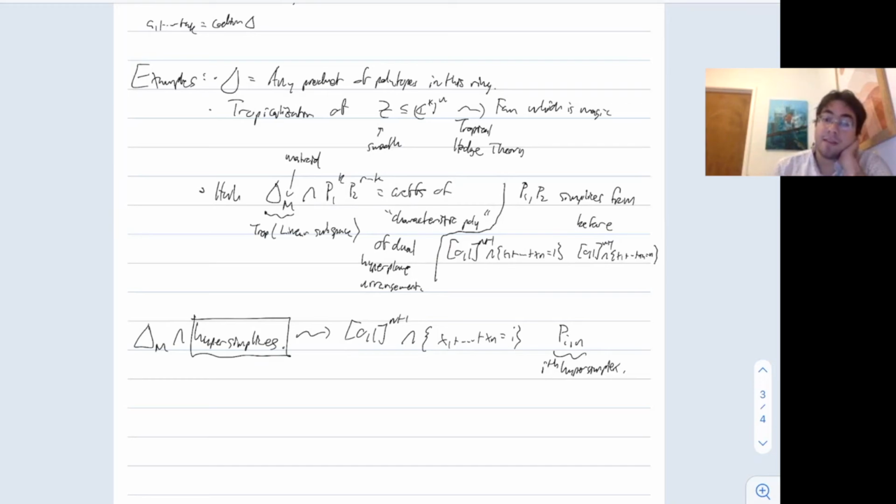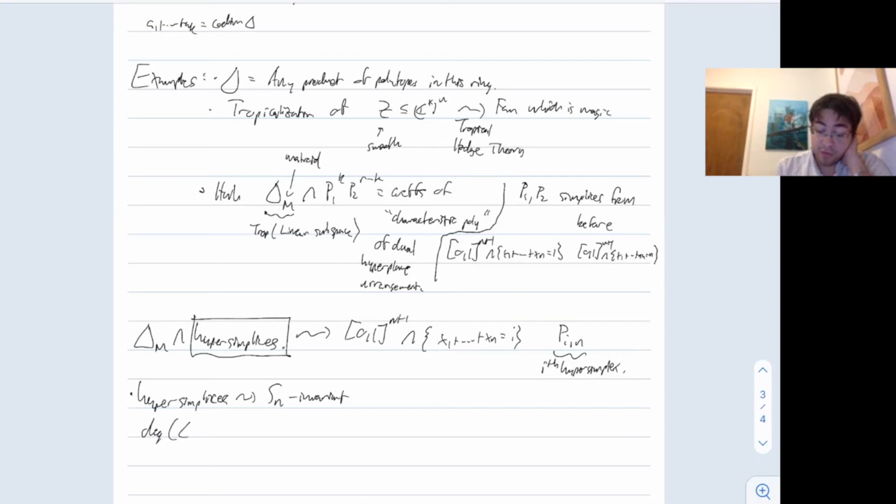And the emboldening thing about this, here's the key fact which makes this not a fool's errand: hypersimplices have the property that they're S_n invariant. So if I permute the coordinates, the hypersimplex remains the same.